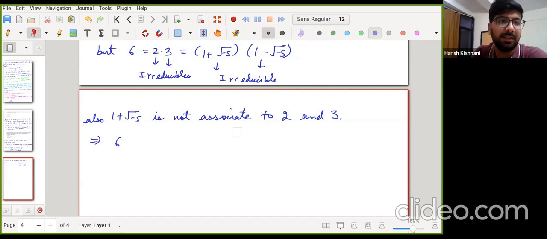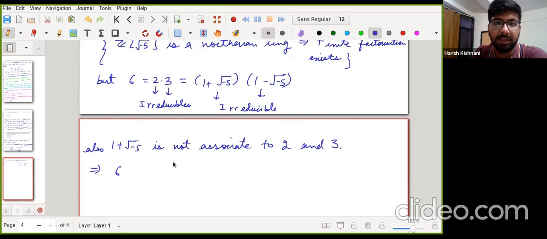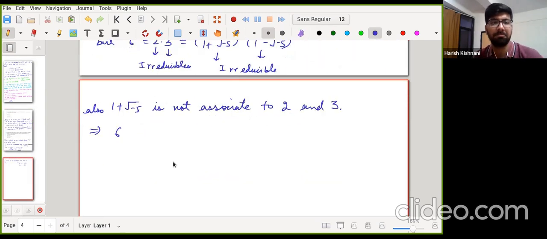Because you can see this ring like the same kind of calculation we have done in class for a plus ib kind of elements inside the ring of Gaussian integers. Now 1 plus root of -5, this is like 1 plus root 5 i.